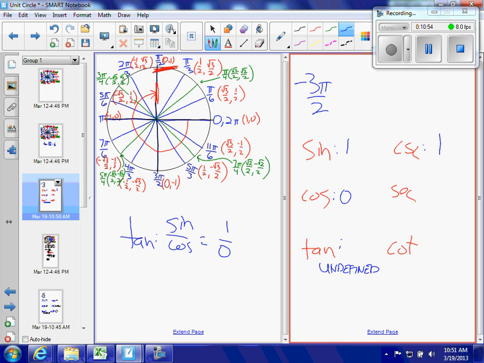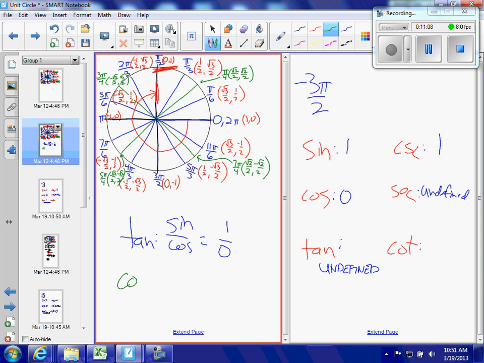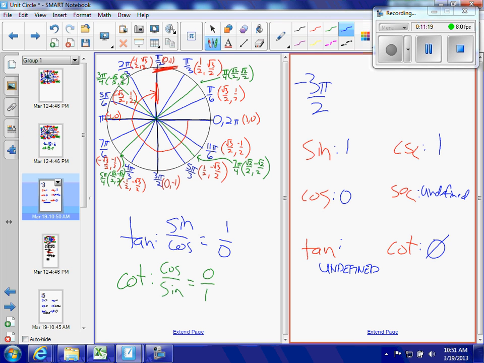Secant, 1 over 0, undefined. Cotangent, cosine over sine, so cotangent, again, from our last problem, is equal to 0 over 1, so we're okay with calling cotangent 0.